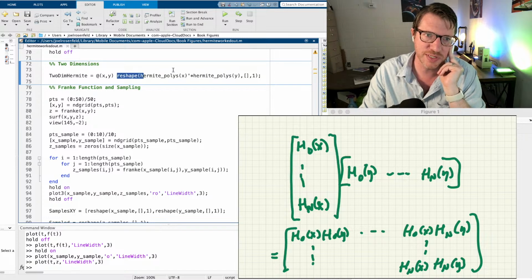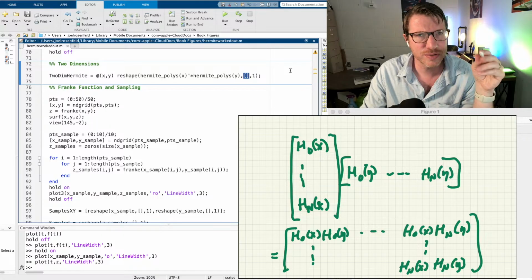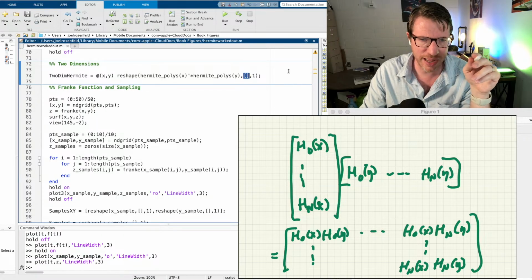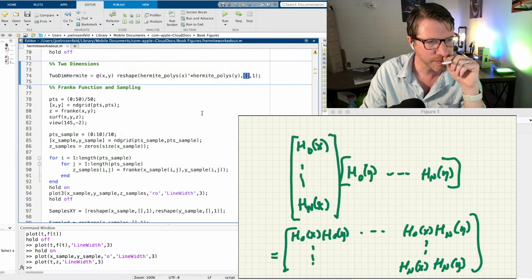That's why we use this reshape command. Then I'm saying I only want one column, or row. I forget which one's which. I think this is the number of rows. So I'm saying let the rows be as big as you need, and just make it all one column. I think that's what we're aiming for here.